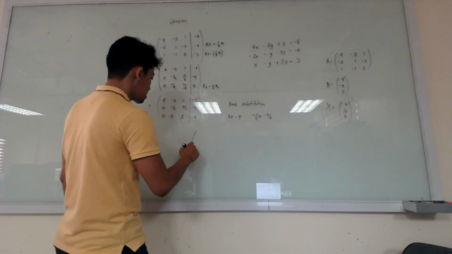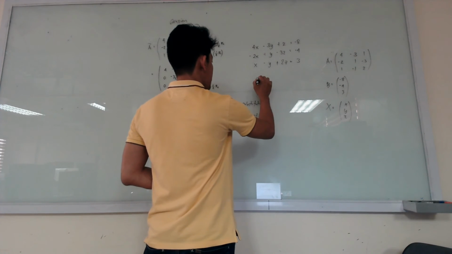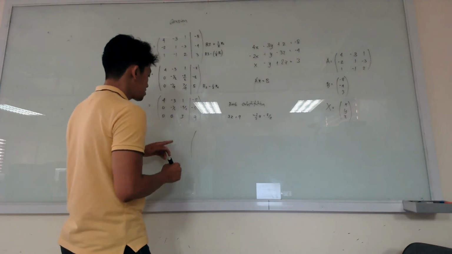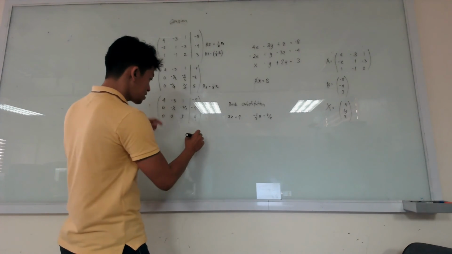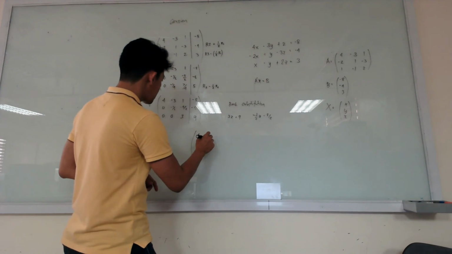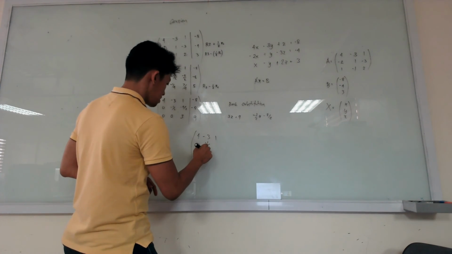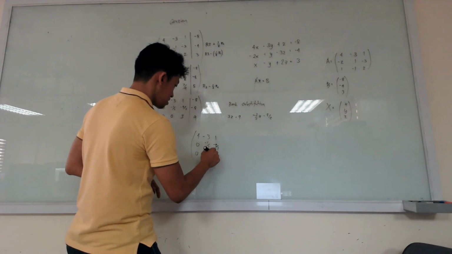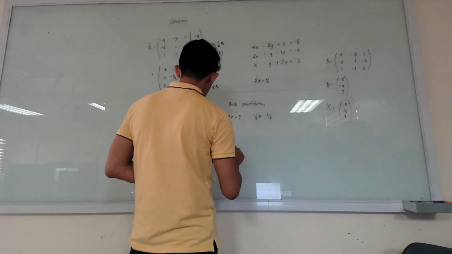Again, mura nang multiply katong form, ax is equal to b. Okay, so negative 3, 1, 0, 0, 0, multiply by x, y, z.